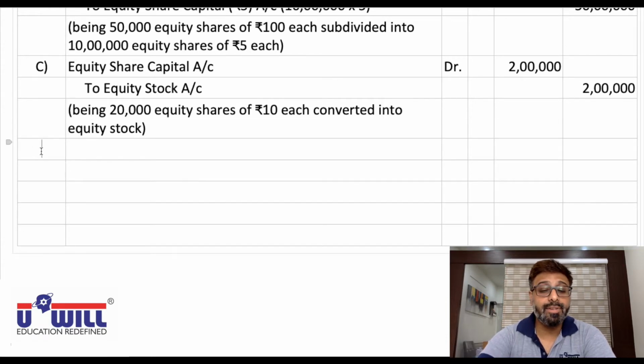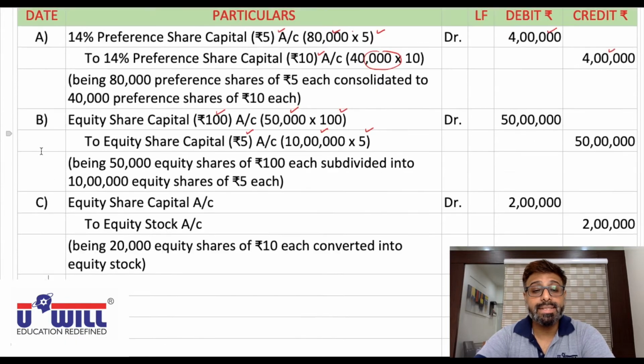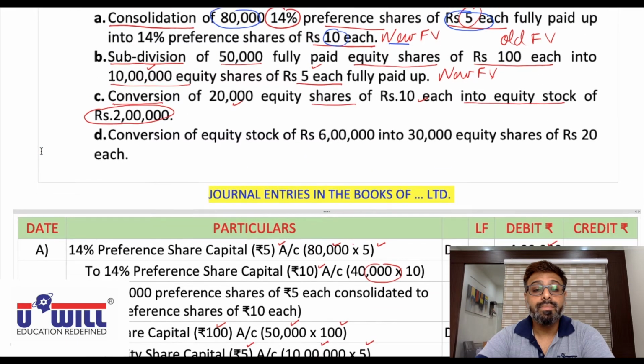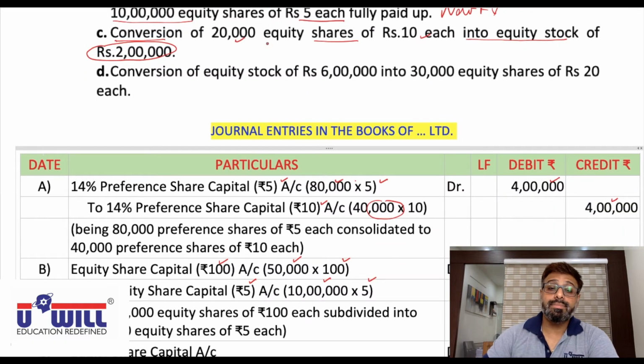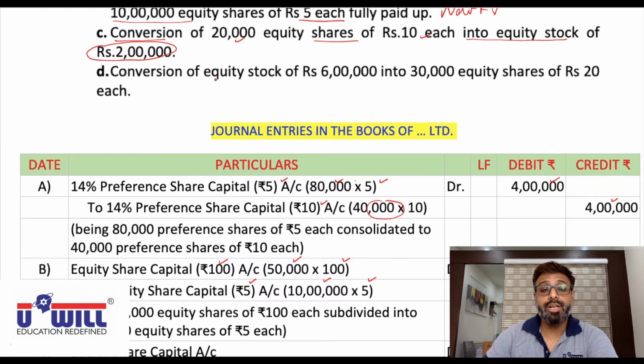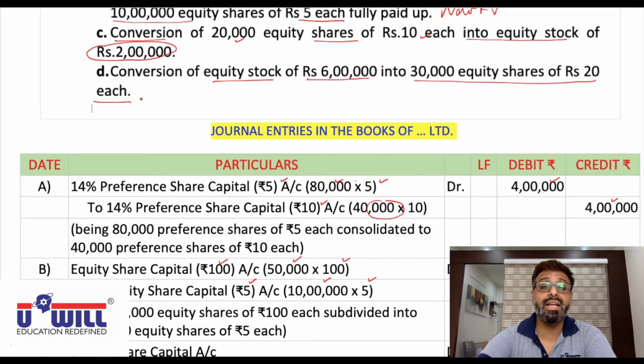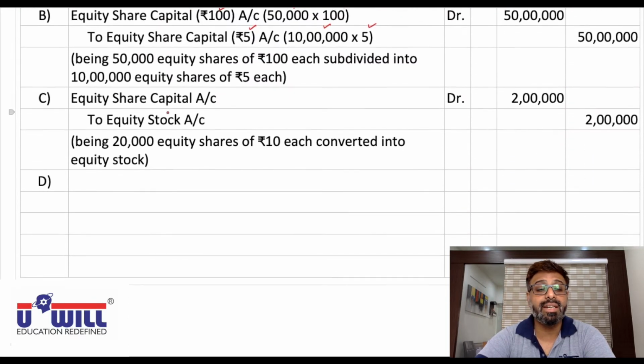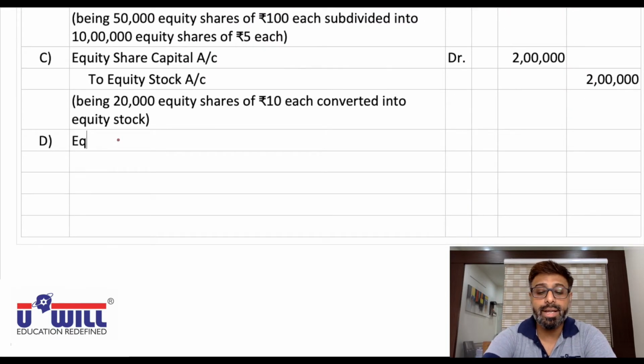I hope everyone is clear with this. Now next, D entry. Here it is reverse. Conversion of equity stock of rupees 6 lakhs into 30,000 equity shares of rupees 20 each. Now stock is being converted into equity shares. So the reverse entry we studied: equity stock account debit with 6 lakhs.